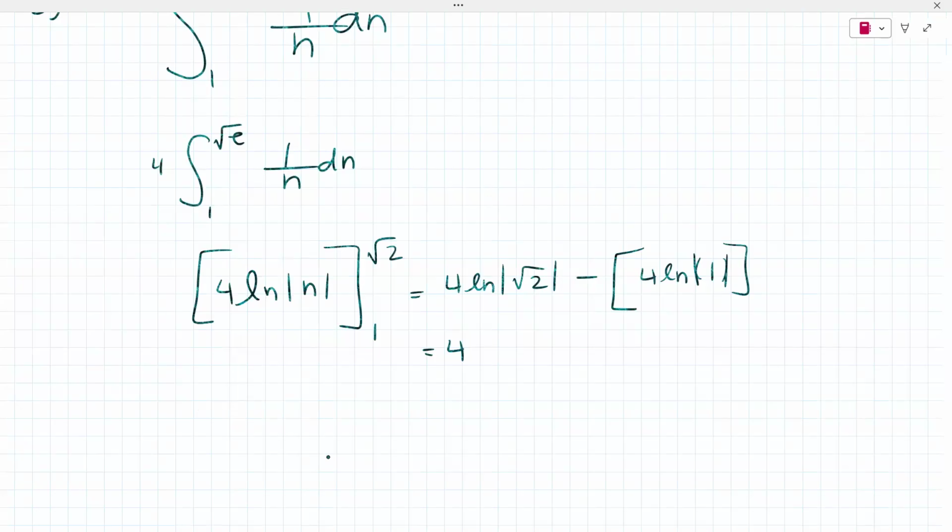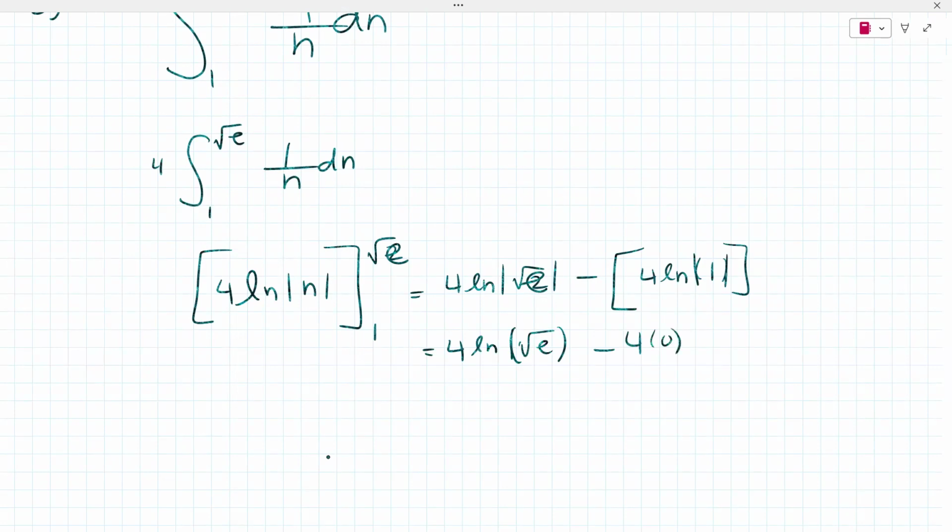Oh, I'm bad. Why did I say square root of 2? It should be e, right? And then I know the absolute value of square root of e is just positive square root of e, minus 4, and then I know that ln of 1 is 0.